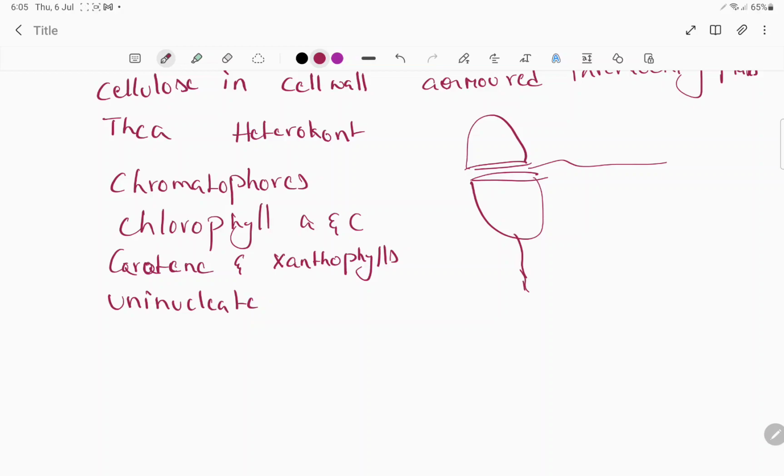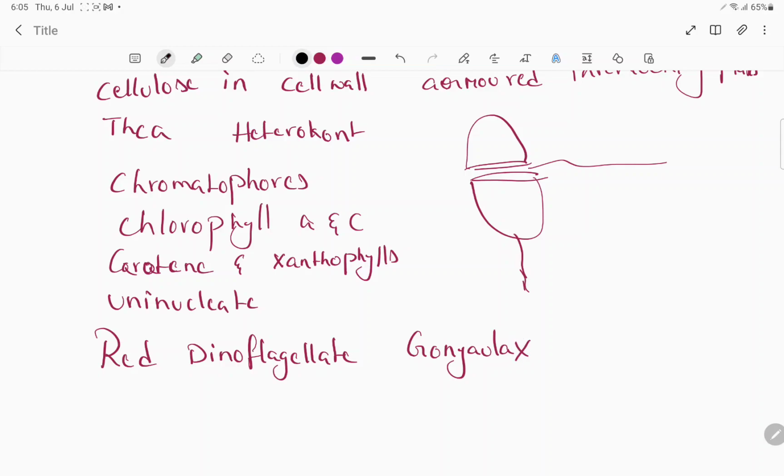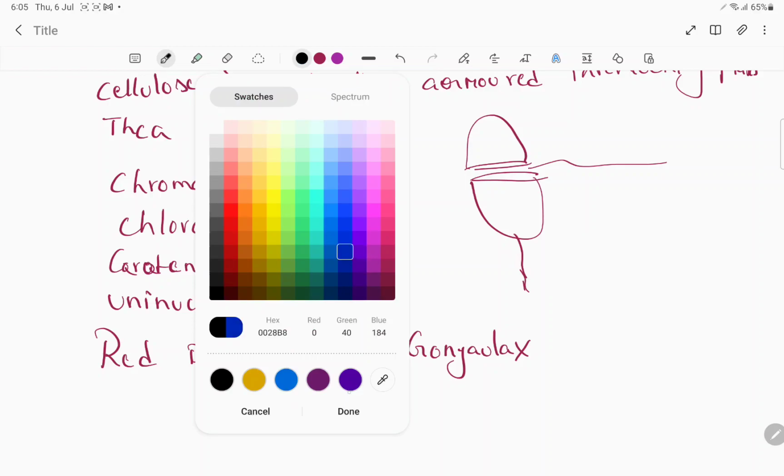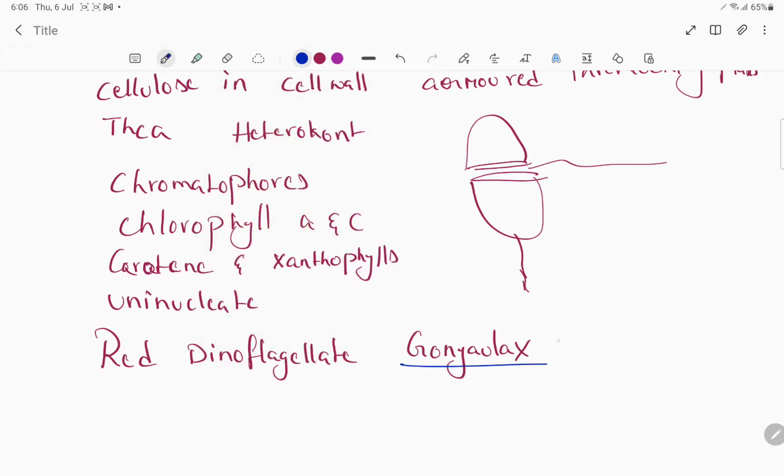So very often we see the red dinoflagellates, Gonyaulax, which undergo rapid multiplication that makes the sea appear red in color. So red tides.